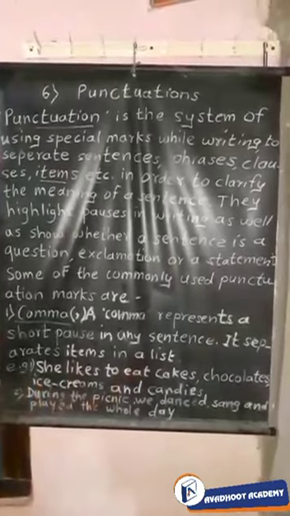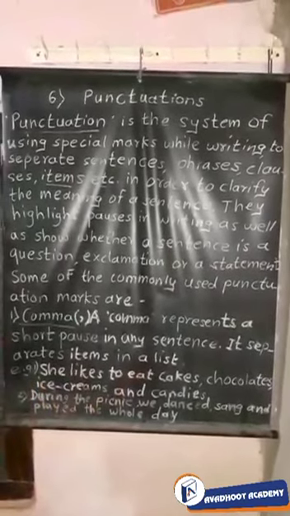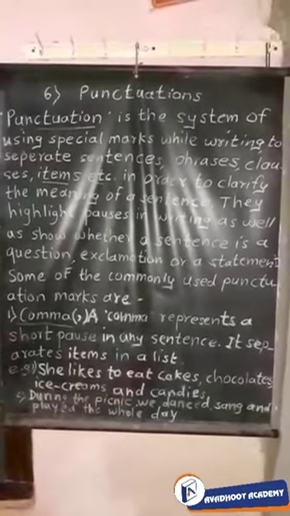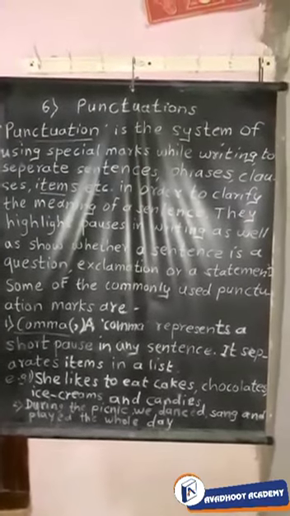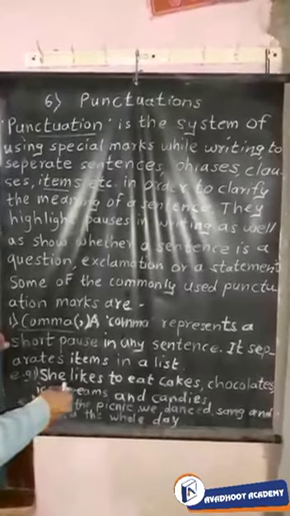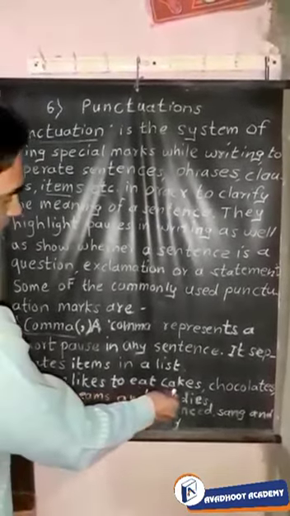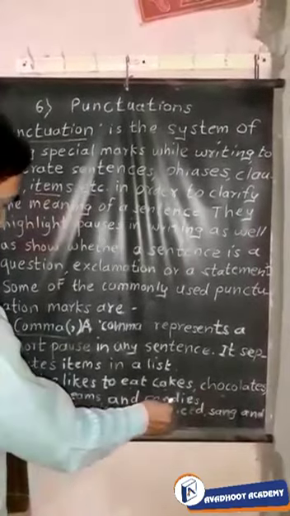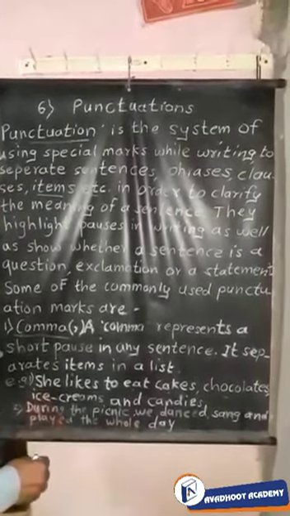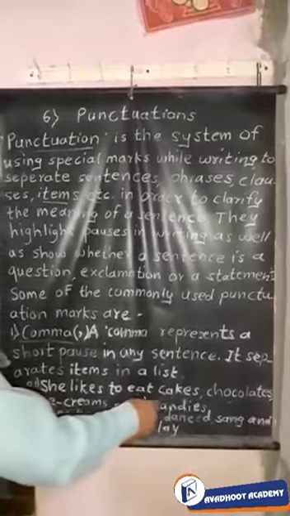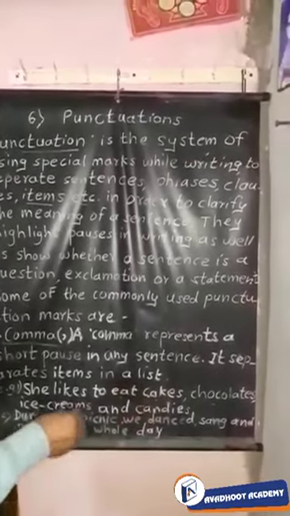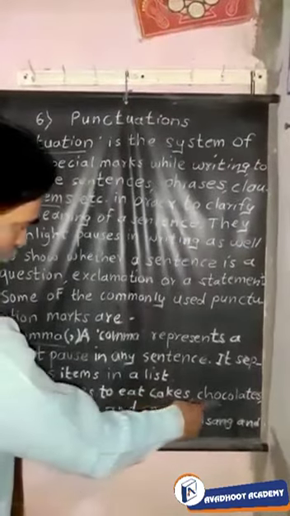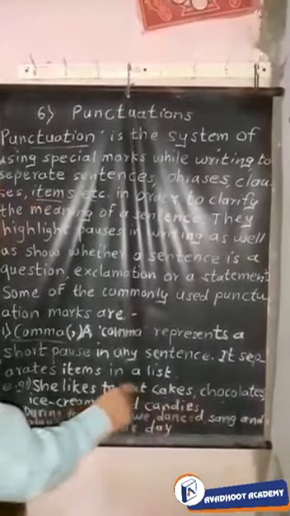Suppose there is a big list of the same kind of names, like the names of boys or girls. In that case you have to put a comma before writing the next name in the list. For example: She likes to eat cakes, chocolates, ice creams, and candies. In that sentence you will see that there are four items. These are eatable items, food items: cakes, chocolates, ice creams, and candies.